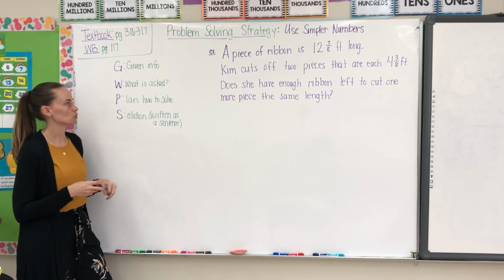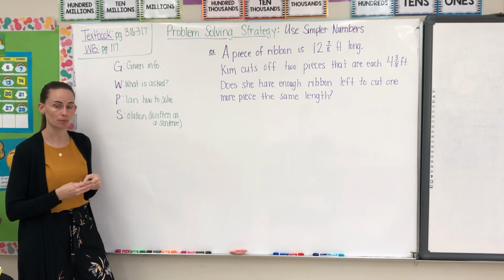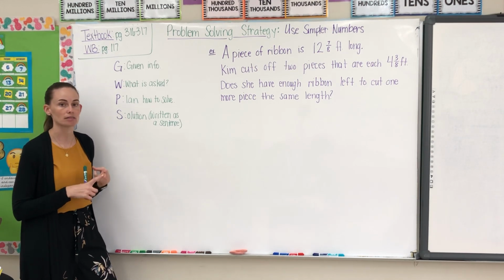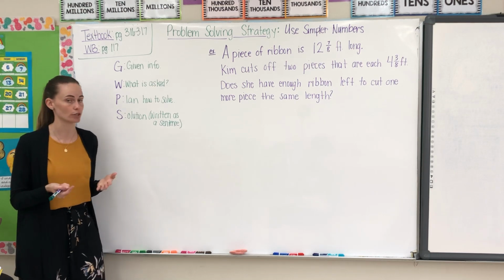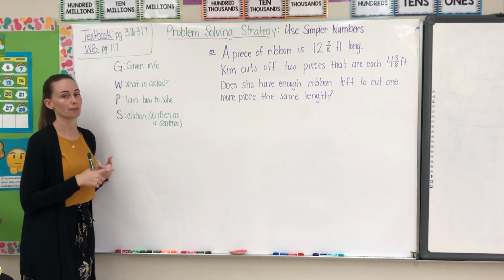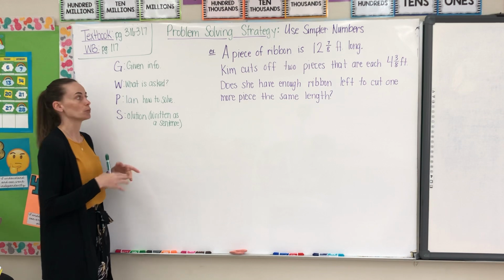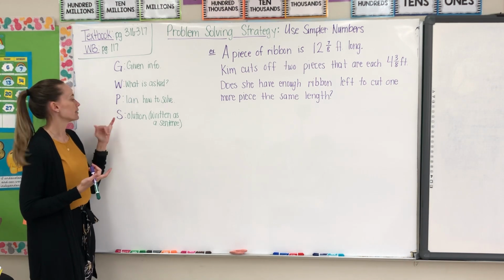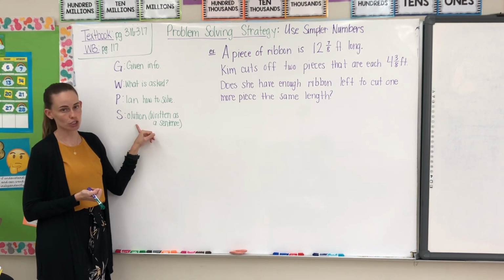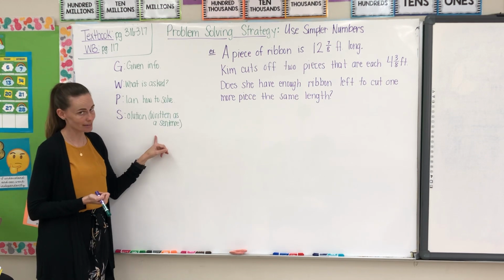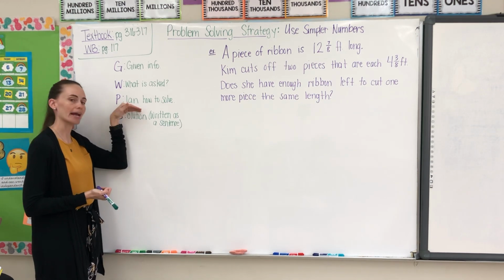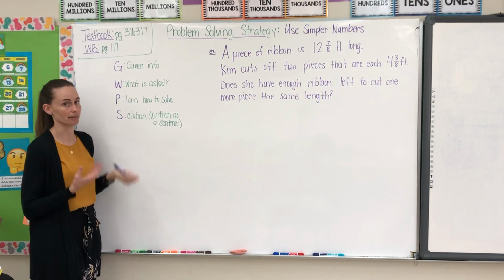The P is for planning how we're going to solve the problem, either add, subtract, multiply, divide, or also it could be a strategy, like we could compare, we could draw a picture, we could make a chart. And then the S is for our solution, which we write as a sentence because the solution answers the question that's asked in the W.